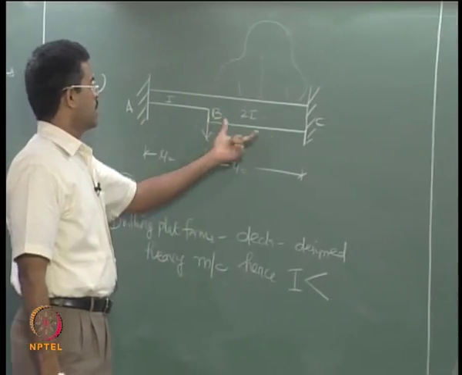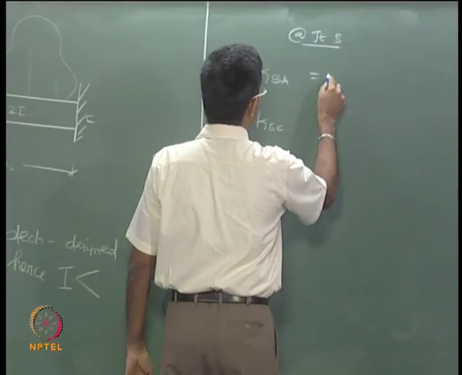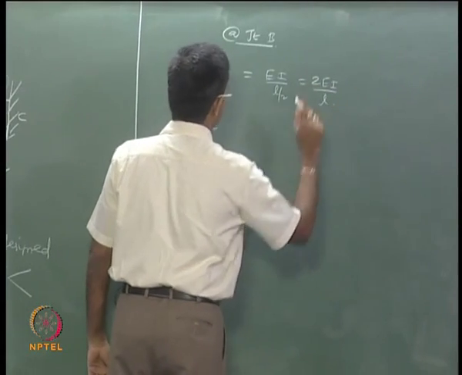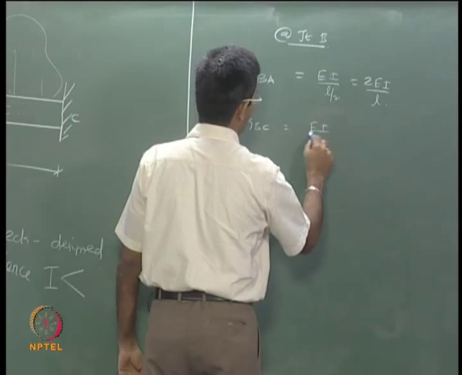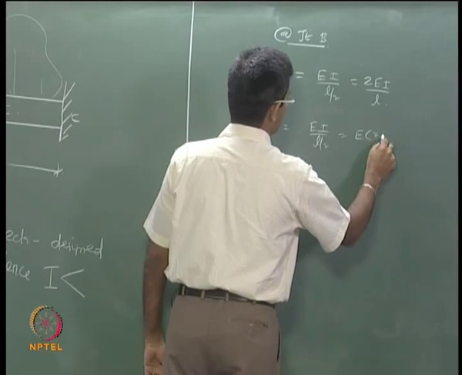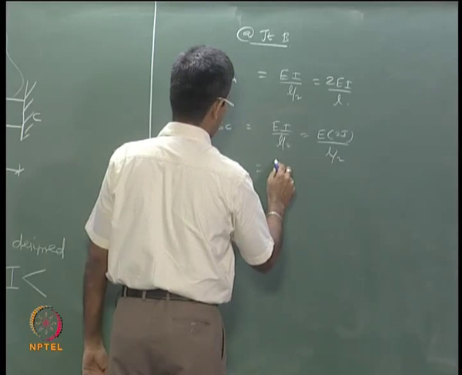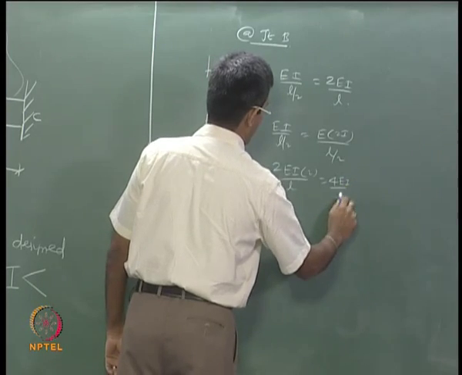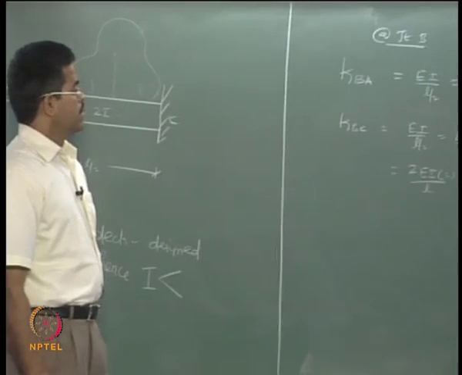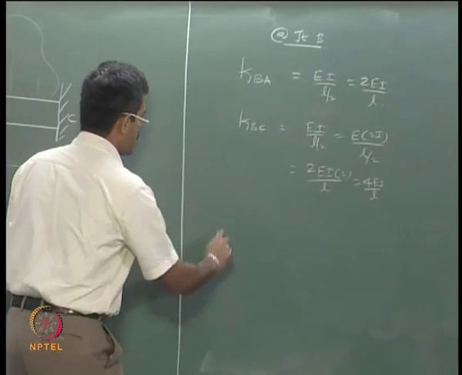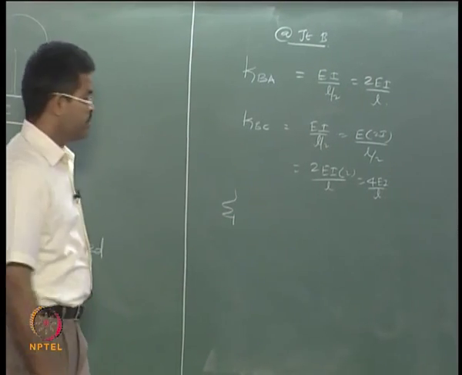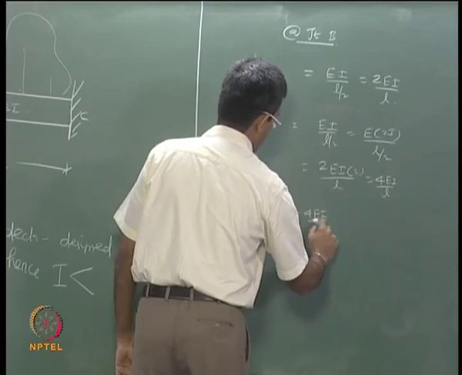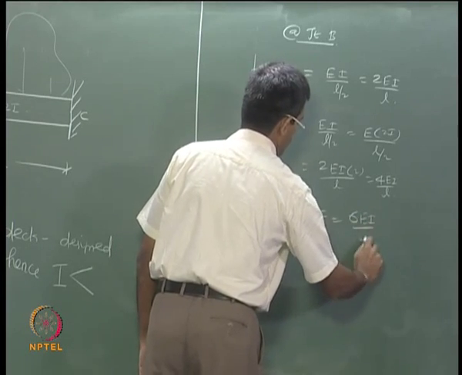So KBA and KBC, KBA is 2 EI by L, whereas KBC is 4 EI by L. Let me find the sum of the stiffness of these at the joint B, which will be 2 EI by L plus 4 EI by L, which is 6 EI by L.